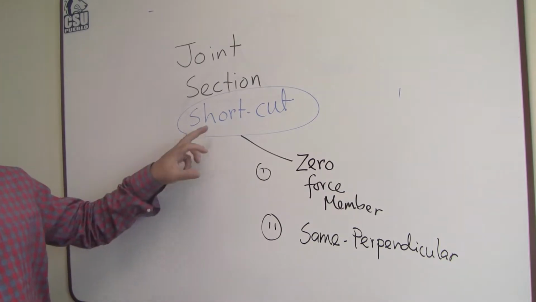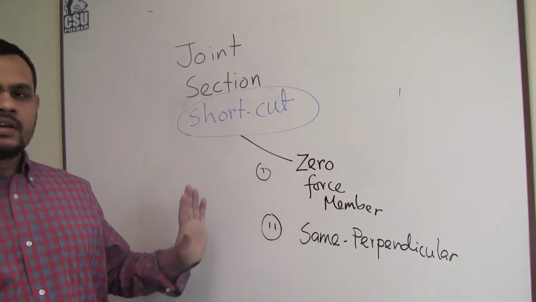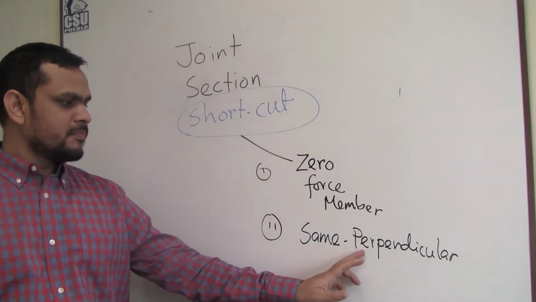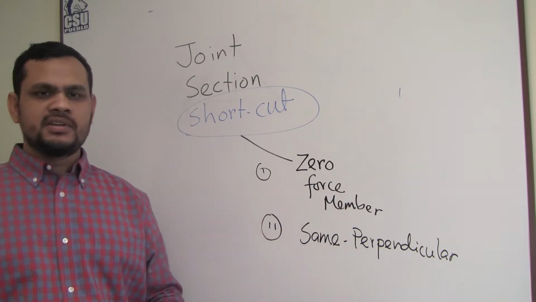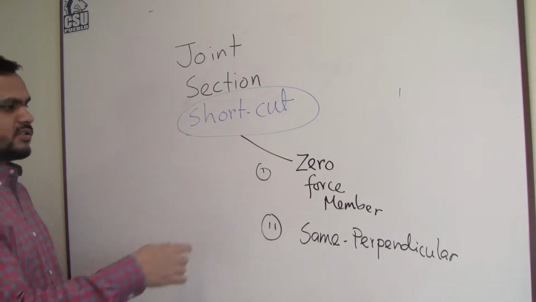So what are the 2 shortcuts? One is zero force member, second is same perpendicular. Maybe you never heard about it because I just named it. Yes. So now we will see what is zero force member.